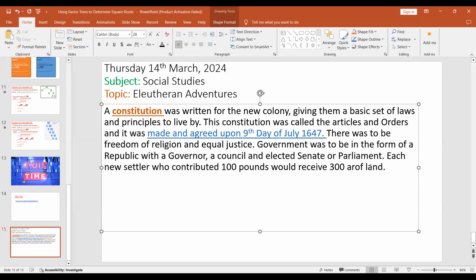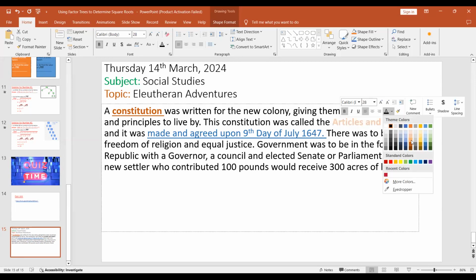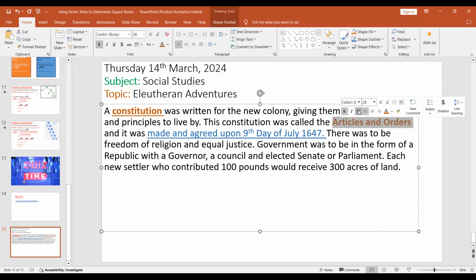Acres of land. Okay, what was the name of the Constitution that the Eleutheran Adventurers came up with? Articles and Orders. Very good. And what was the year that this was constructed and agreed upon? 1647.